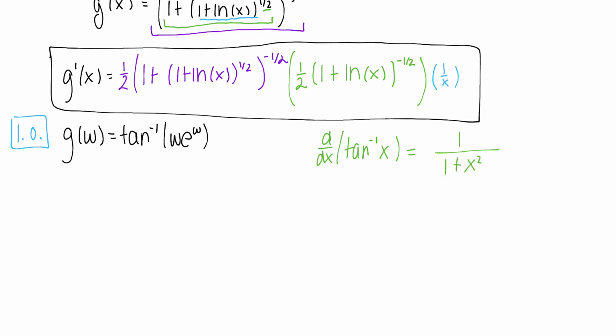In the case where you have stuff in here instead of an x, it just becomes whatever that stuff is squared, times the derivative of whatever that inside stuff is. In our case, we have w e to the w. So this would be w e to the w, and then the derivative of w e to the w.